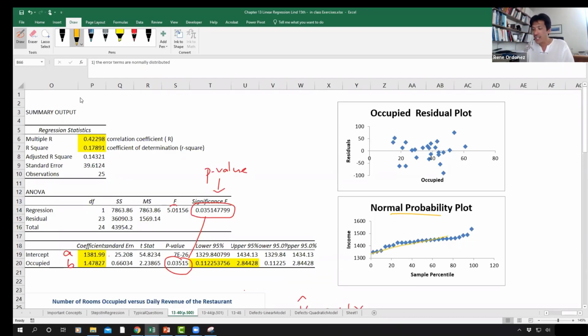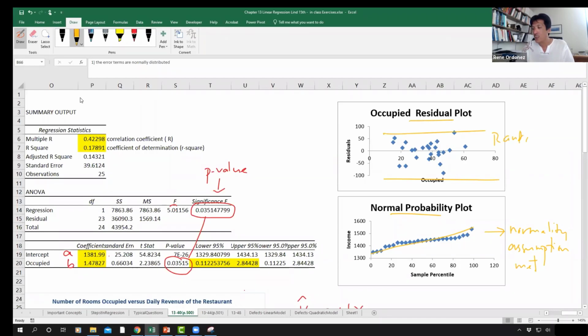If you see this resembles a line, then we will say that the normality assumption is met.